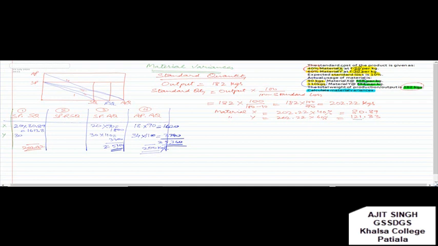Second is 121.33, so 30 into 121.33 comes to be 3640. Now total of these two items comes to 5257.8.